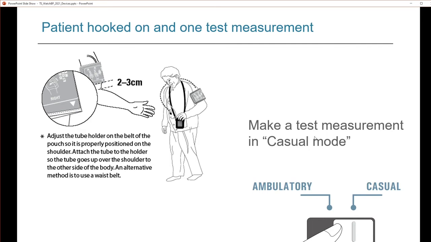Before sending away the patient, we recommend you to take a test measurement, and for this you have to switch the shift button to casual. And when you do that, you push the start button, and see if the measurement goes well.